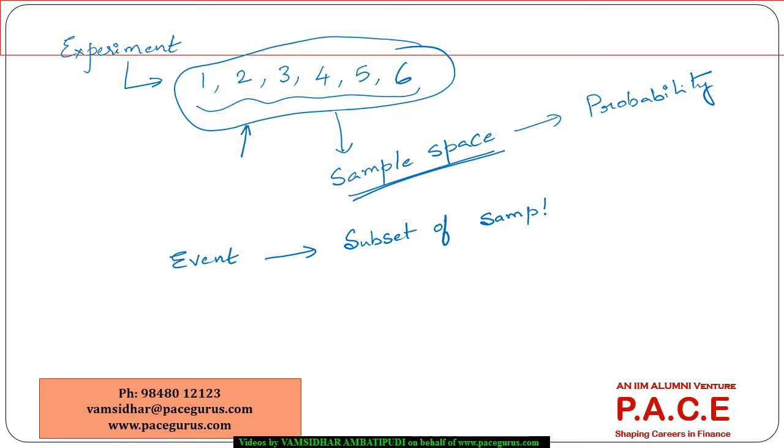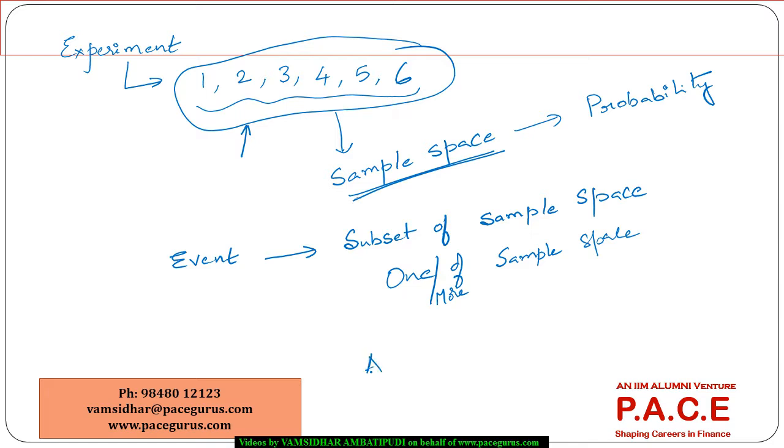That is what we typically call an event. So it will contain one or more elements of the sample space, and we can have different kinds of events.